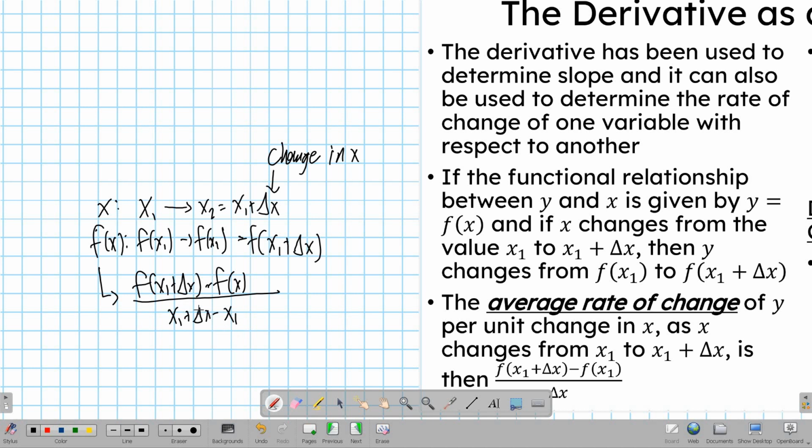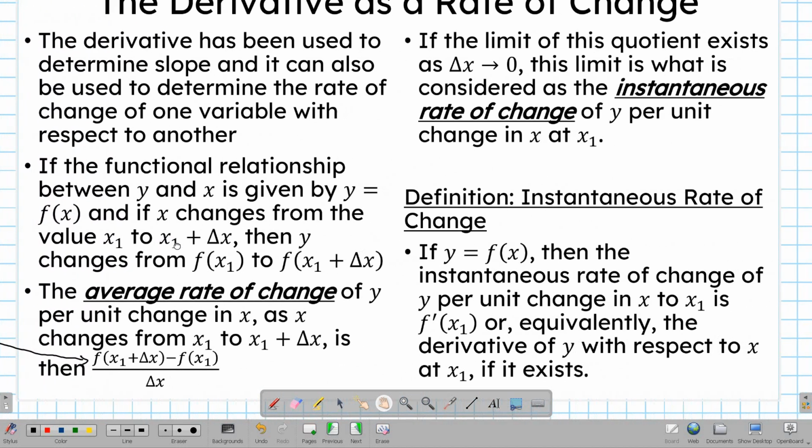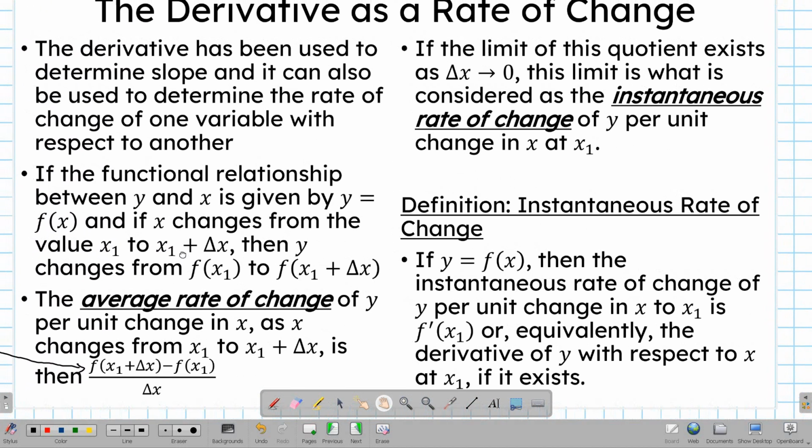The x sub 1 gets cancelled, and that's why we get this formula for the average rate of change, because that's just the change from x sub 1 to x sub 2. So that change is the average between the two values of x.